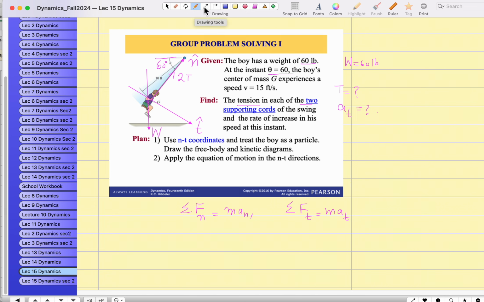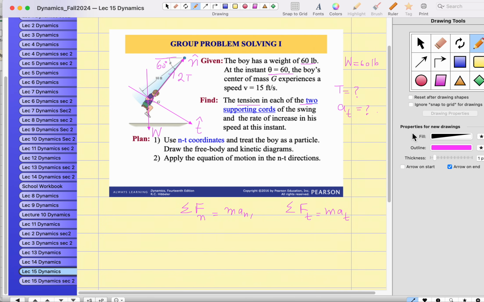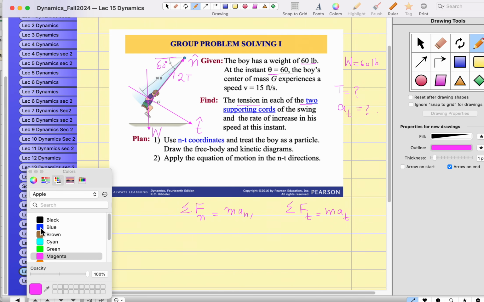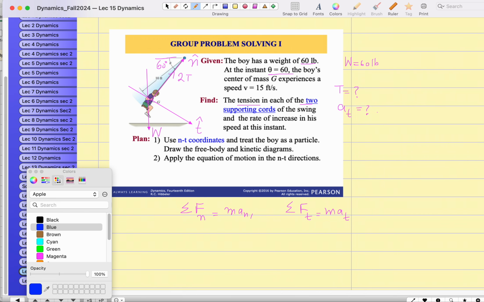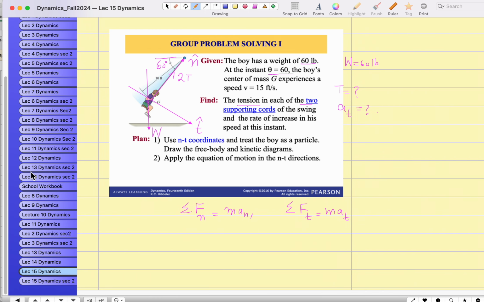Can you resolve? Let me change the color here to show you the resolved unit vectors. If I want to resolve this weight along the normal and along the tangential component, you can take a look. This is 60 degrees, this is 30 degrees.